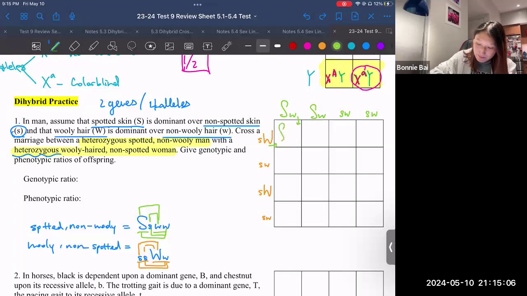So what do I mean by that? The big S comes down. The little s follows it. The big W follows that. And little w follows that, right? So the s's are staying together, the w's stay together. But within the s's, the big goes before the small, just like how we always write it. And then the same thing for your second trait, the dominant goes before recessive, okay?